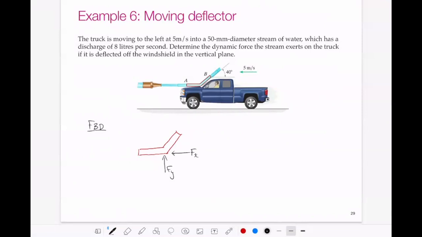What about the force of the pressure that is entering and exiting? What's happening here? Any thoughts?